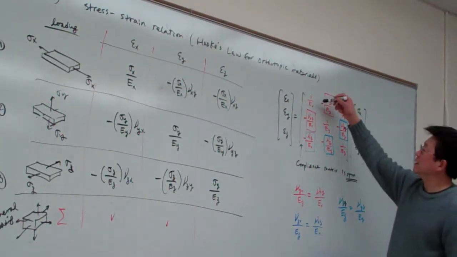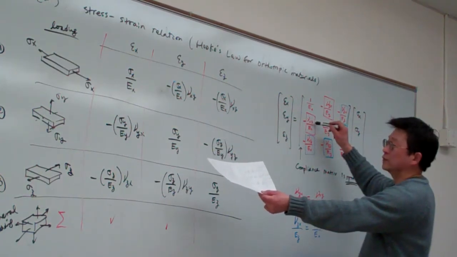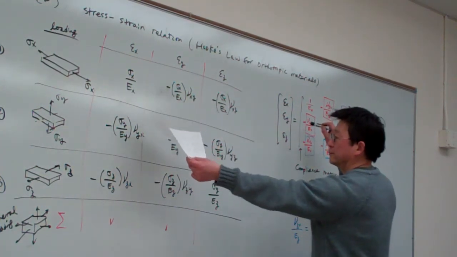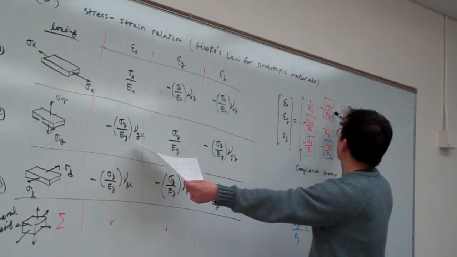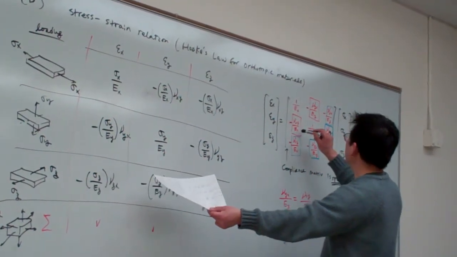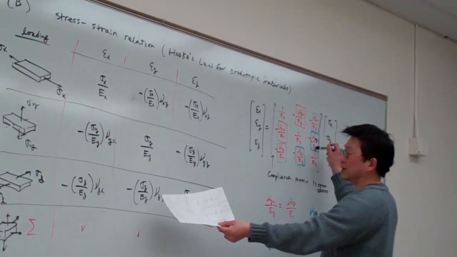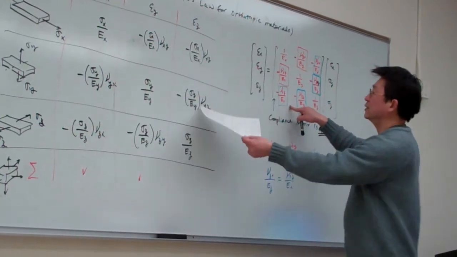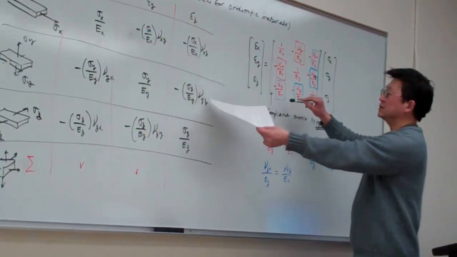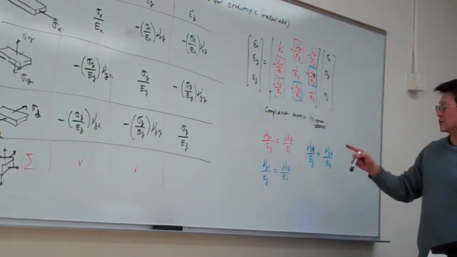Let me double check: 1 over ex, and then mu yx over ey and mu zx over ez. And this one mu xy, and mu xz over ex, and mu yz over ey. Yeah, that should be right. Okay, so let's type it here.